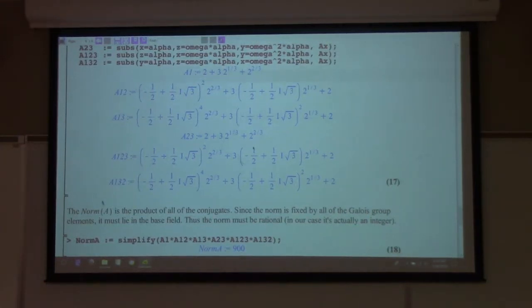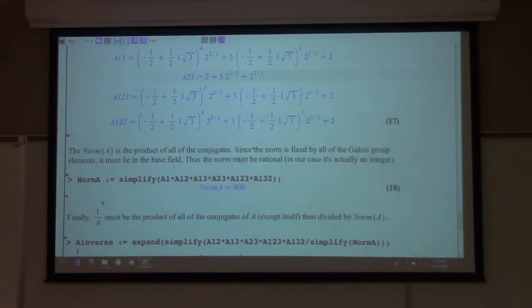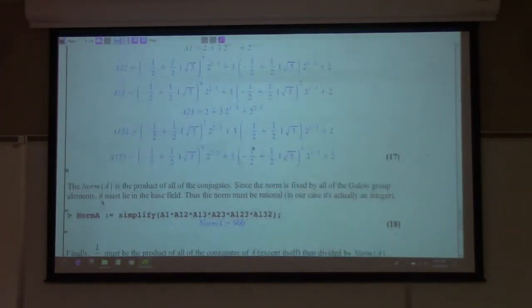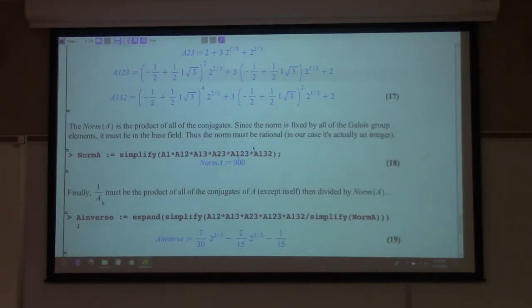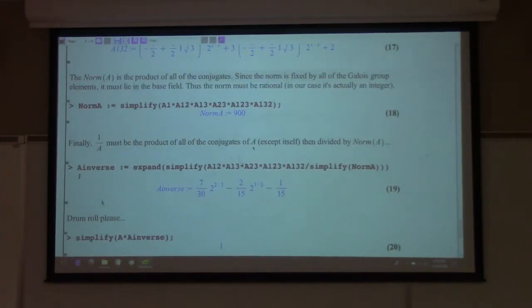Details. Well, there it is. It's 900. Yes, 900 is what you get if you multiply all 6 of these things together. And so 1 over A is simply the product of all the conjugates of A except A itself, divided by the norm of A, which is 900.